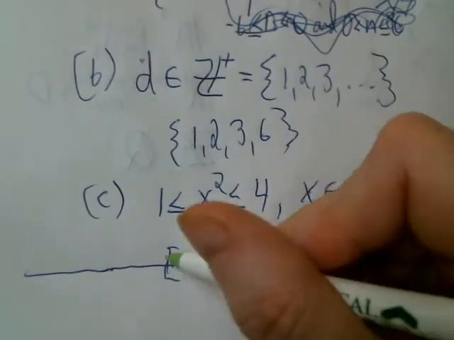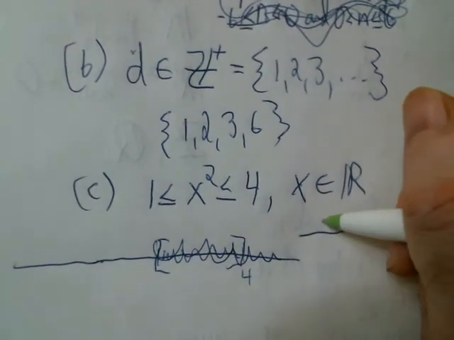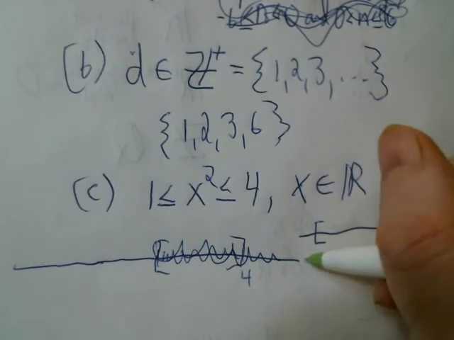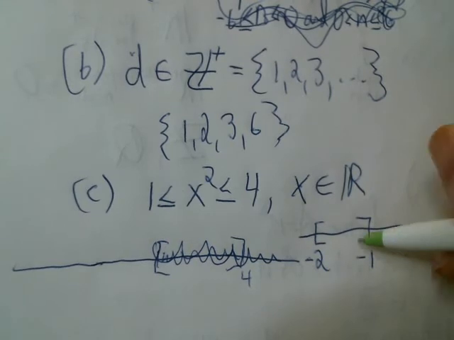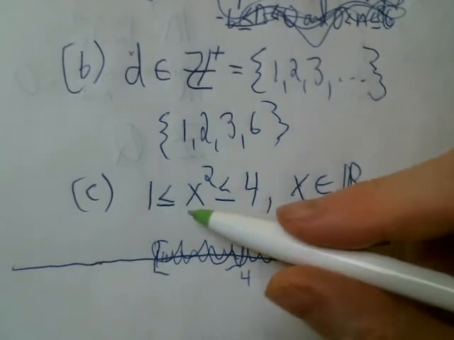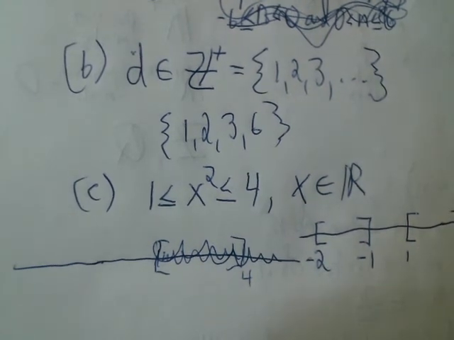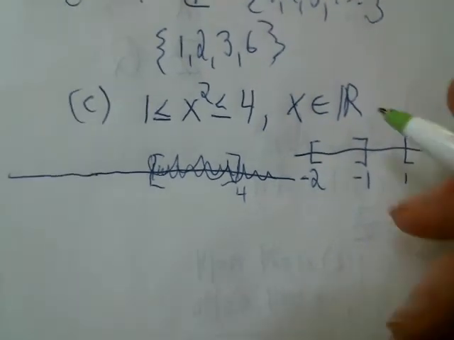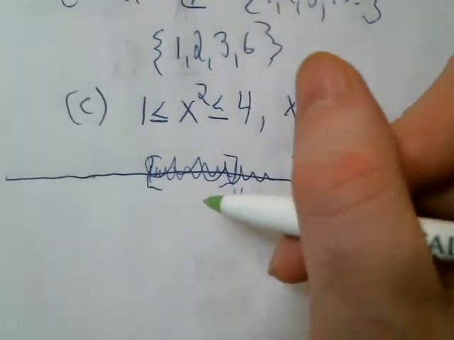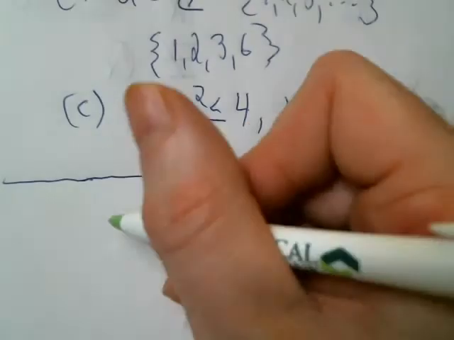Well, this is the result, right? So I need the interval from -2 to -1. Okay, if I square any of those, it'll be in between 1 and 4. And I also need the interval from 1 to 2. Okay. All right, so I need to write that in interval notation, I guess, and set notation. Let's put it in set notation, okay?